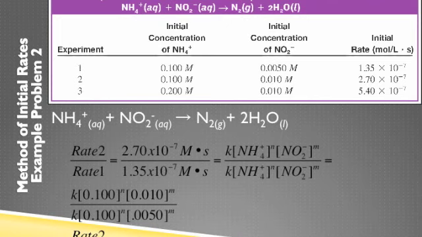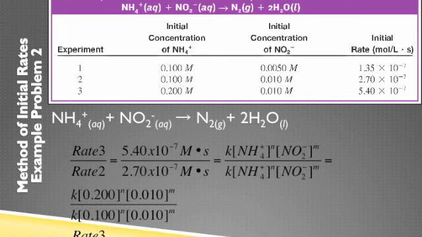But our concentration for NO2- doubles, and so does our rate. So we end up with 2 equals 2 to the M, which also means that M equals 1. So the rate order of NO2- is 1.